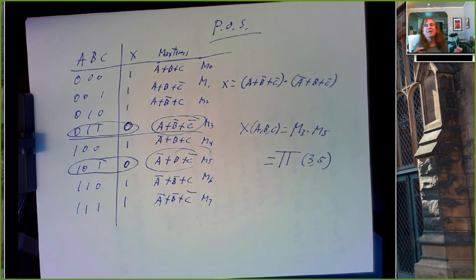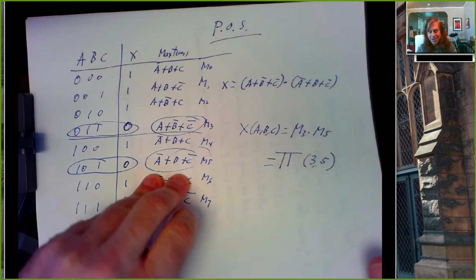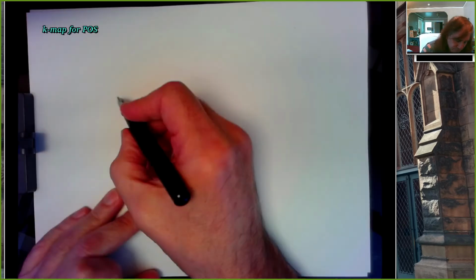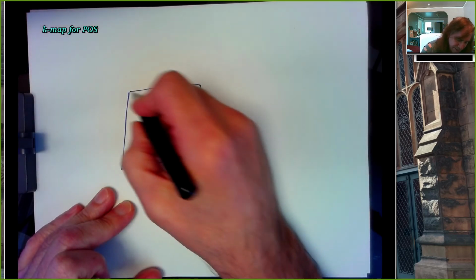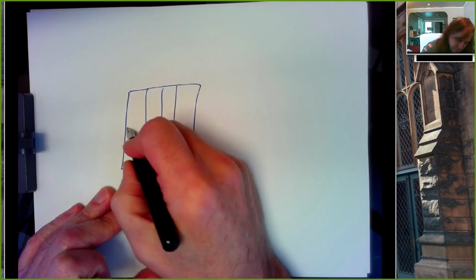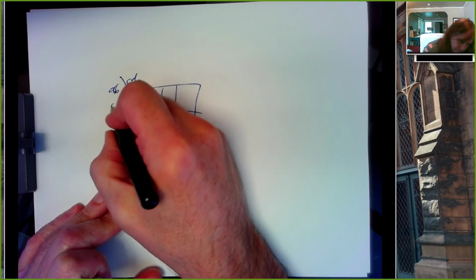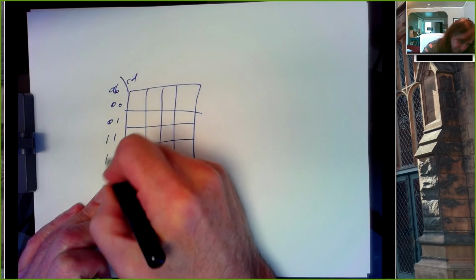And you can do K-maps on a product of sums. And how does a K-map work? Well, same basic setup. These things are all the same.